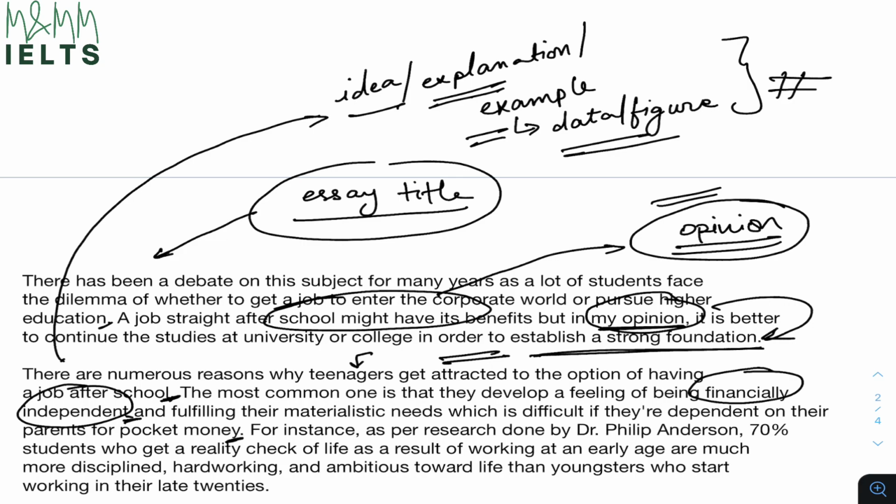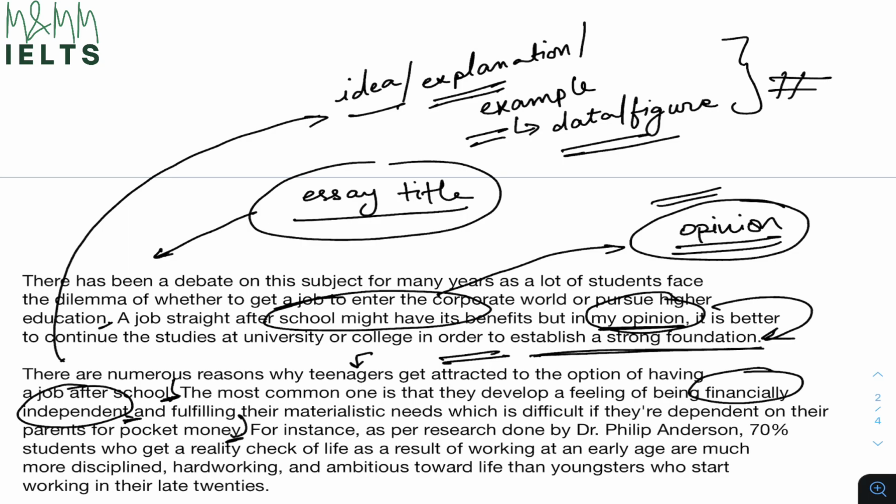They don't want to ask their parents for money, because they know that there will not be a yes for everything that they ask for. So that's why they develop this personality of earning money and fulfilling their needs. So that's how I have explained why they want to be financially independent. Why? Because they want to fulfill their needs.